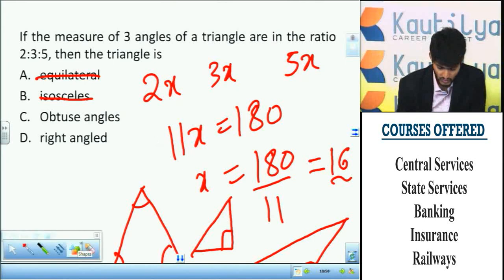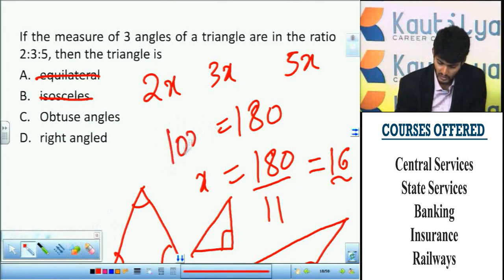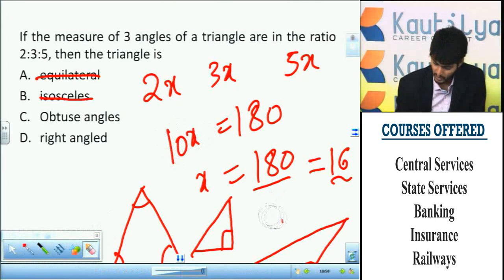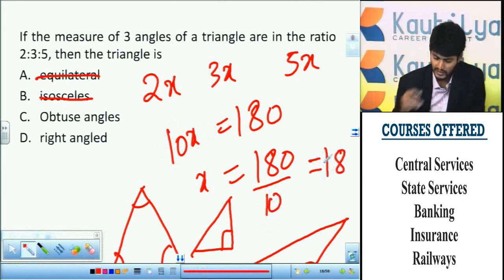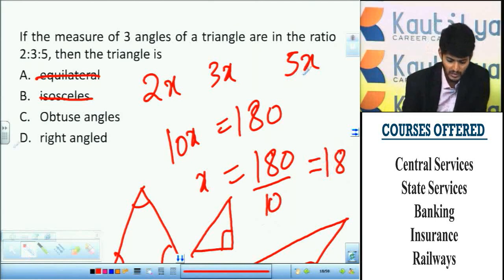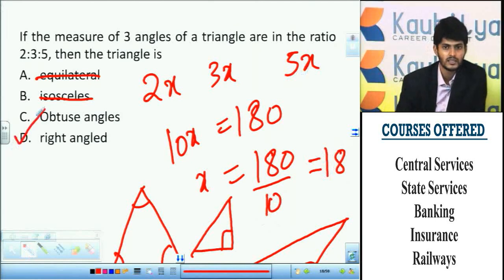So in this case, 10x is equal to 180 degrees, then x is 180 by 10, so it is around 18 degrees. Now you can see that the largest angle in the triangle is 5x. So 18 into 5 would give you 90 degrees. The moment one angle is 90, it will become a right angle triangle, right?